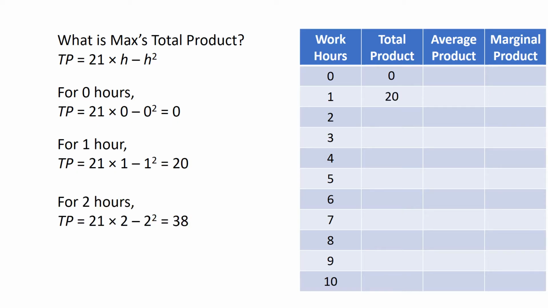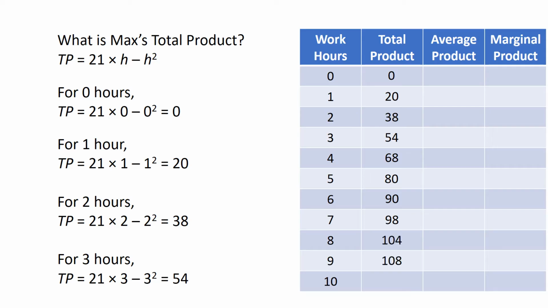For 2 work hours, it's 21 times 2 minus 2 squared, or 42 minus 4, which is 38. For 3 work hours, it's 21 times 3 minus 3 squared, or 63 minus 9, which is 54. And so on up through 10 work hours.